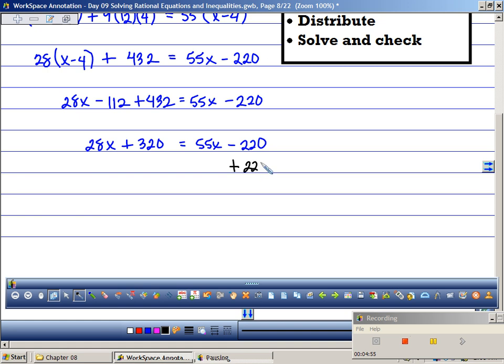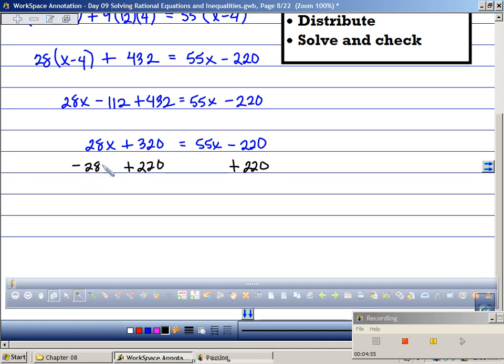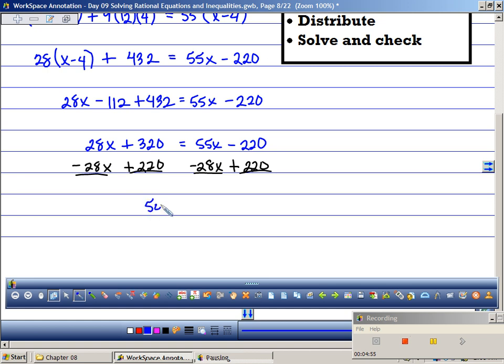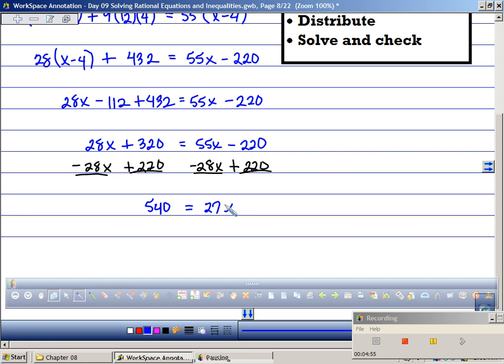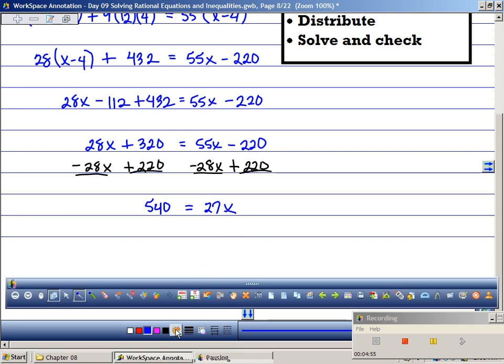I'm going to add 220 to both sides and subtract 28x. What do I get? 540 equals what? Not 17, can't be 27. 27x. Divide both sides by 27. What'd you guys get? 20. 20 is right.